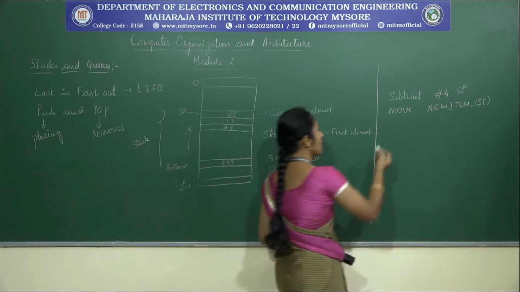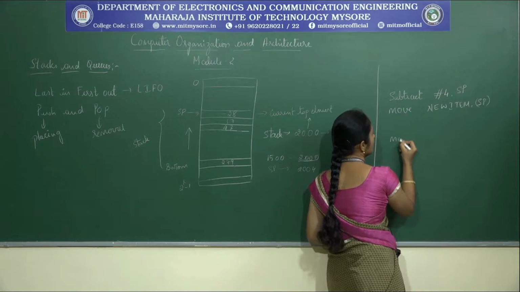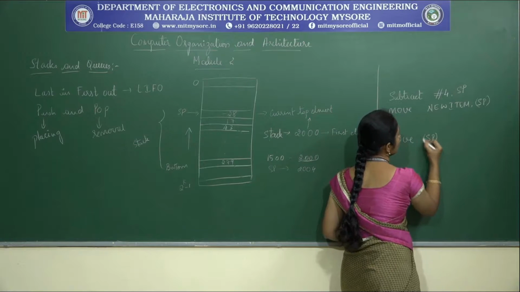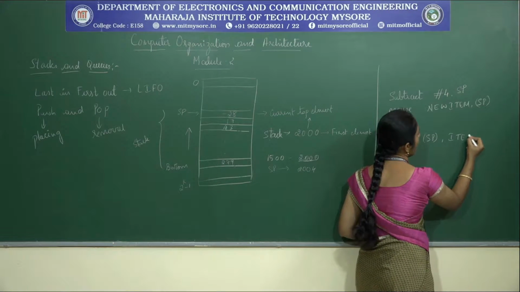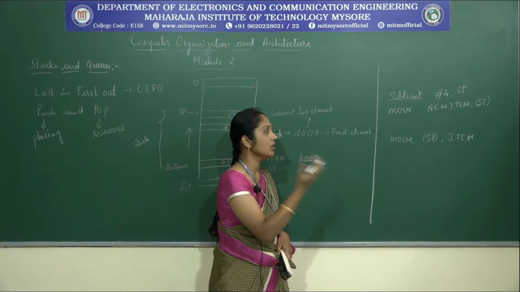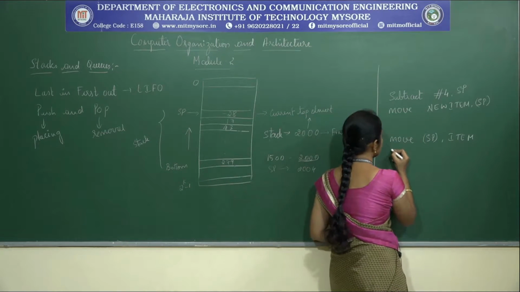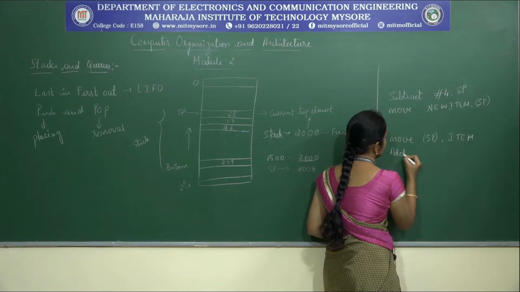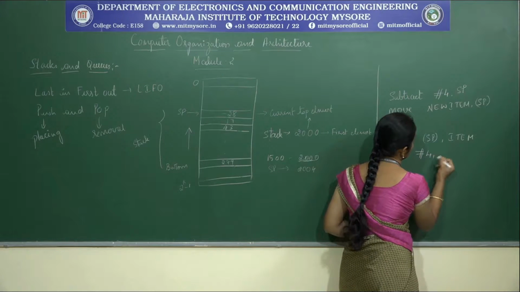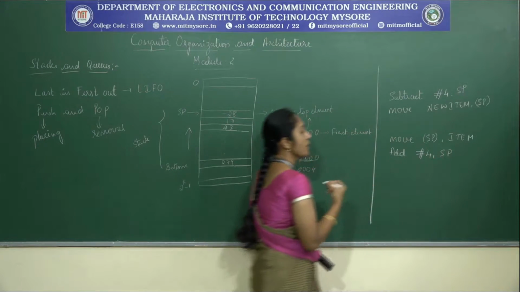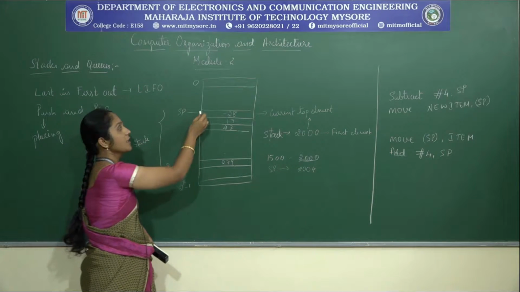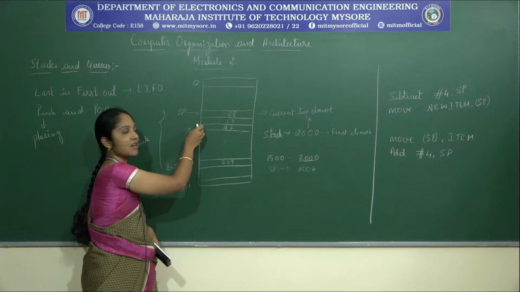Then if you consider the pop operation, the instruction is move the contents of SP into item, then add 4 to SP, because when we copy, it is going to point to the next address location.